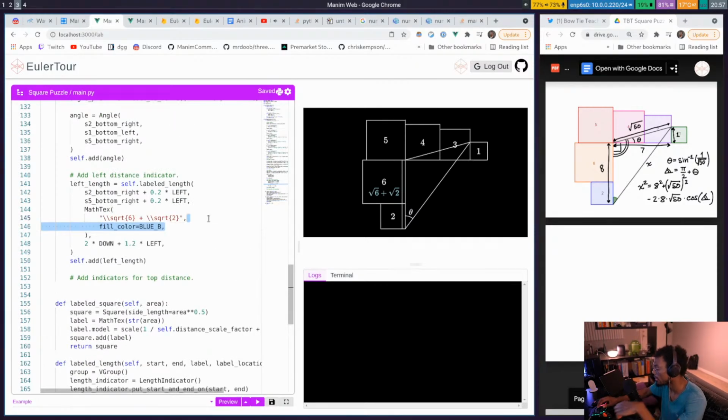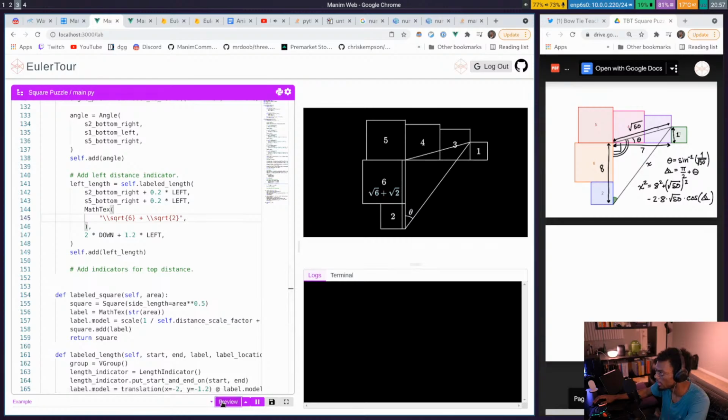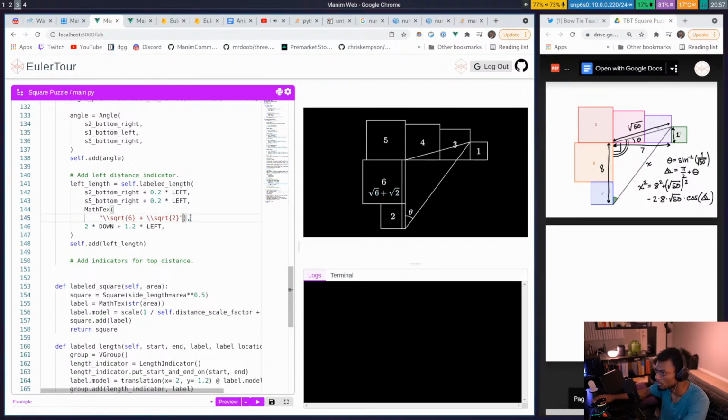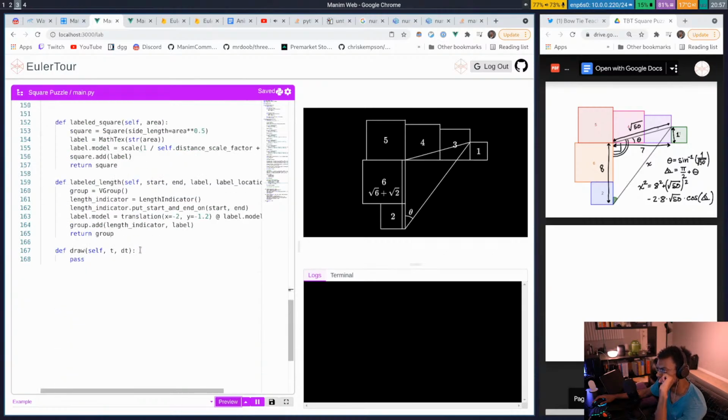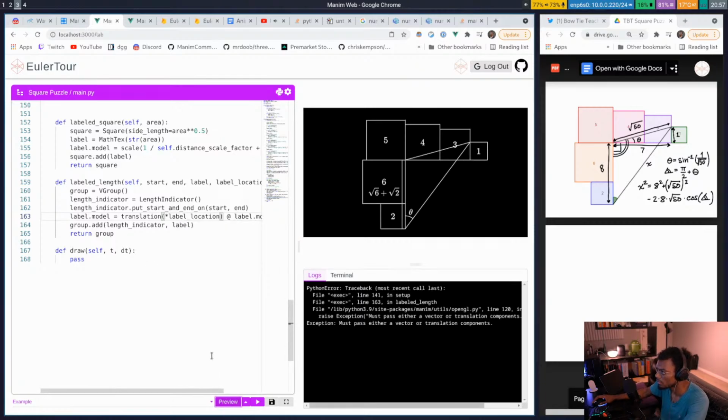Okay, let me not do the color here. It just looks kind of awkward. Oh, the translation here. This should be star of the location.